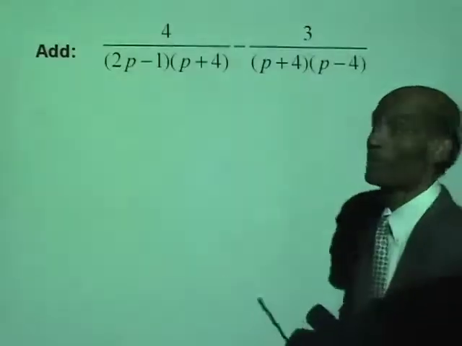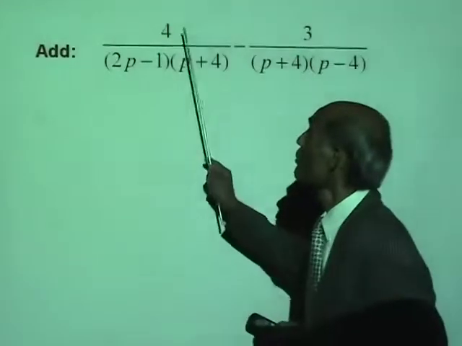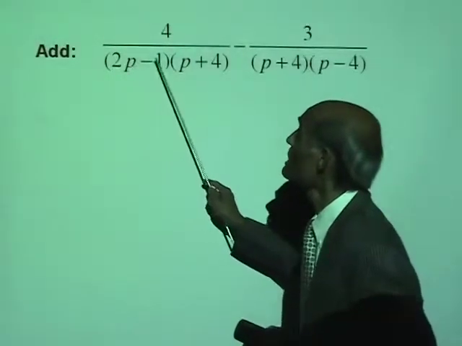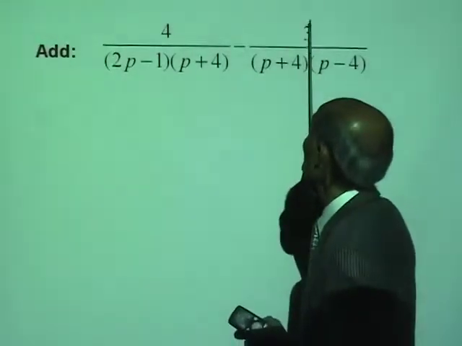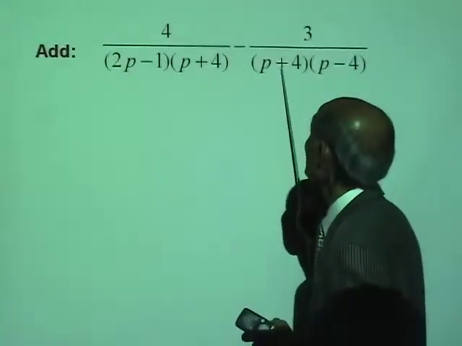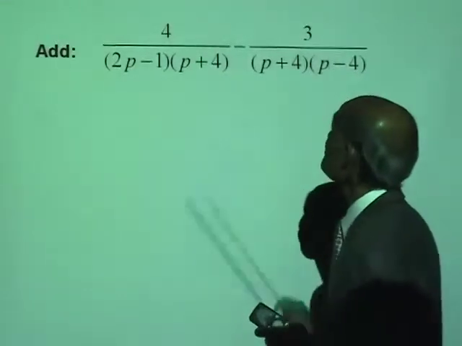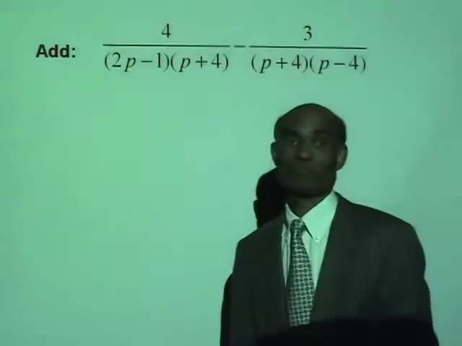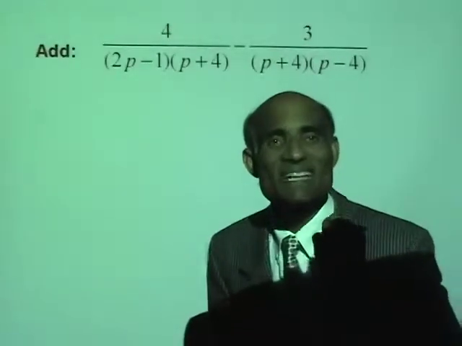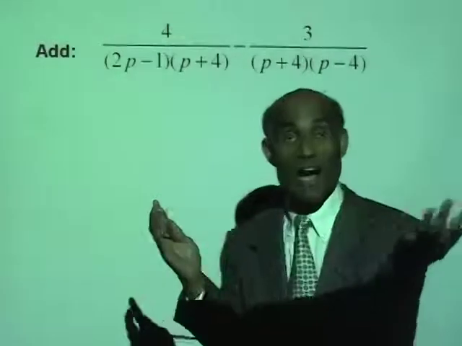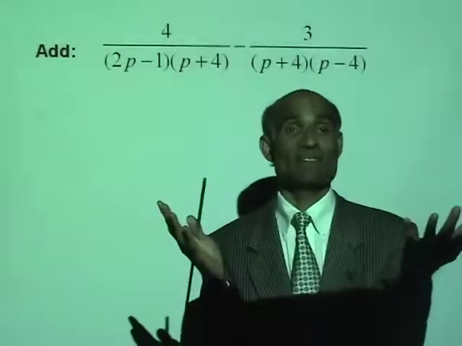Alright, let's go and do another one. Add 4 over 2p minus 1 times p plus 4 minus 3 over p plus 4 times p minus 4. Okay. Can you pick the LCD here? The denominators are factored already.